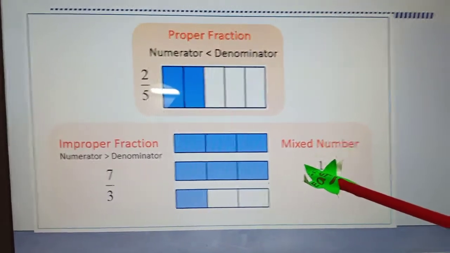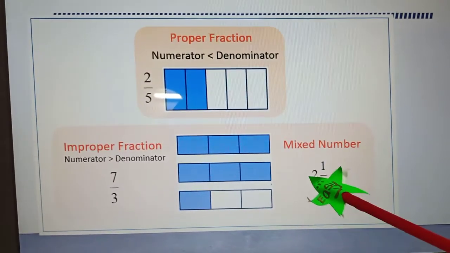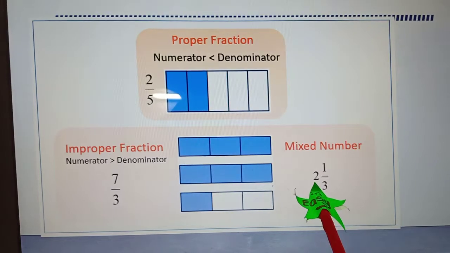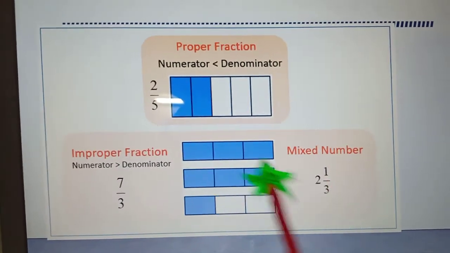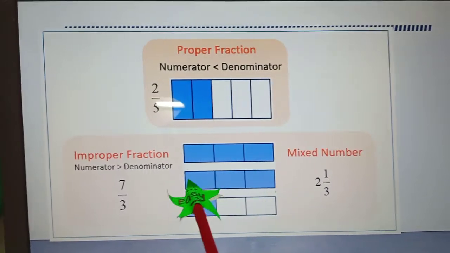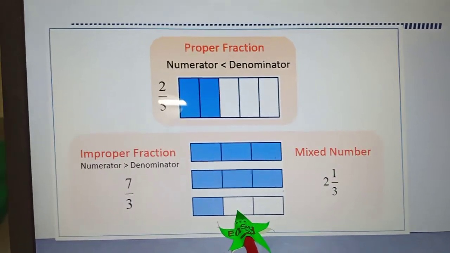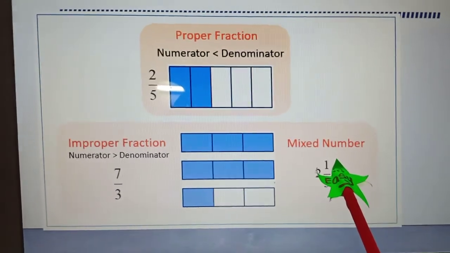Mixed number means we will have a fraction and we will have a whole number 2. 2 is a whole number. This one is a fraction. Whole number 2 and a fraction. We call it a mixed number.